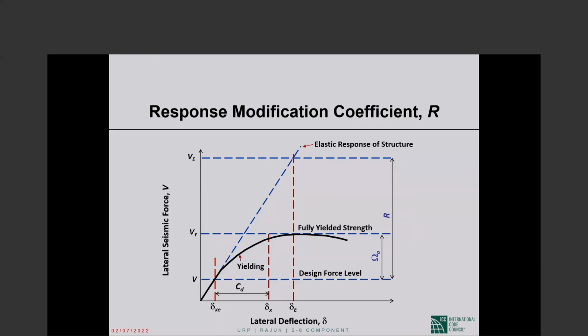So if omega sub 0 is 3, as it is for special moment frames, then when we elastically compute a bending moment of 100 foot kips at a beam support section, the actual bending moment that can happen there is 300 foot kips. That's what omega sub 0 is about. It gives us an estimate of the largest internal force that can develop at a particular section under the design earthquake displacements.